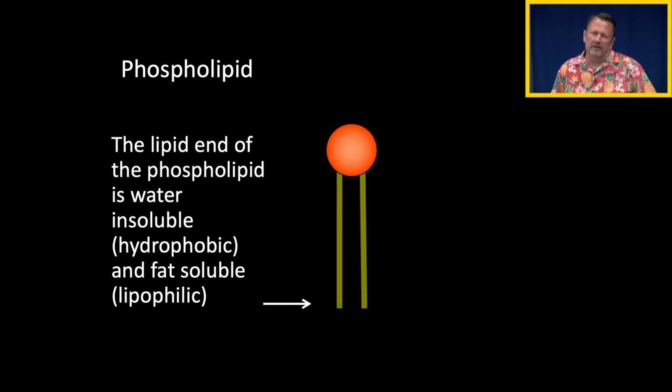All right, well, the fatty end of the phospholipid is water insoluble, it's hydrophobic, and very fat soluble, lipophilic. And so, like if this was a detergent, this would be the part that would stick to the oily stain, and then that phosphate on the end would make it water soluble to be carried away. That's why we worry about soaps having lots of phosphate in them, because phosphate is what we use to make these little fatty chains very water soluble.